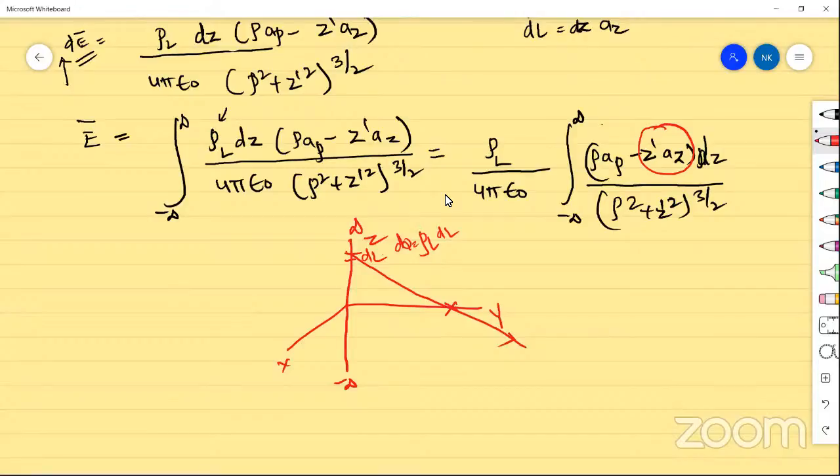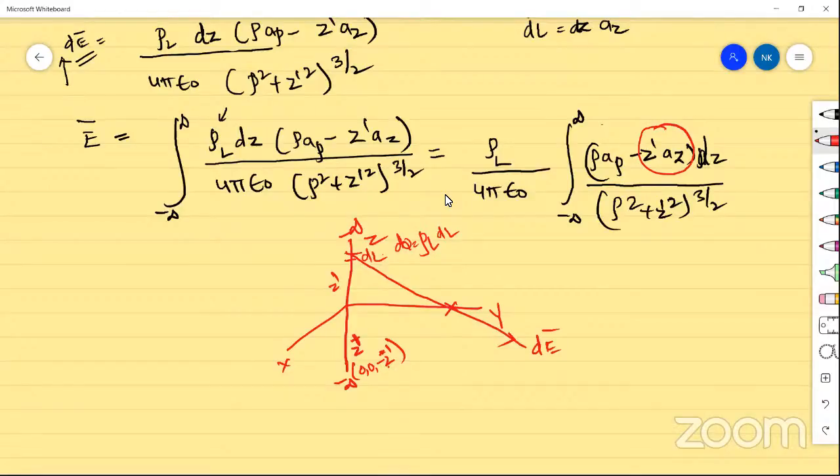Let us consider, as it is symmetrical, I am considering here. What is the midpoint for minus infinity? Anywhere it is a midpoint, but I am considering here on the y-axis for reducing the complexity. So this is in this direction. This is dE bar. This is at the same distance z dash, where the z component will be minus z dash.